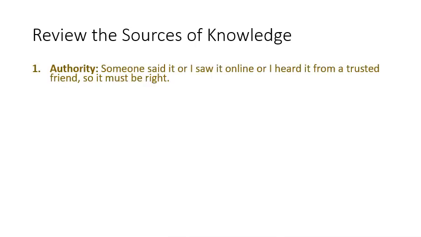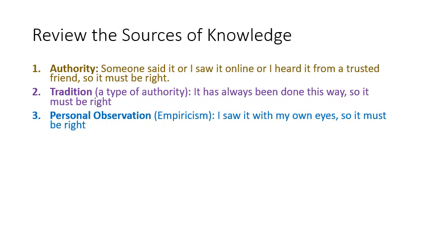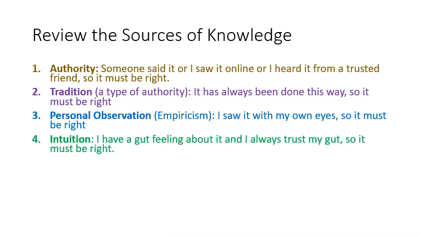But authority: someone said it, or I saw it online, or I heard it from a trusted friend, so it must be right. Tradition, a type of authority: it's always been done this way, so it must be right. Personal observation, empiricism: I saw it with my own eyes, so it must be right. Intuition: I have a gut feeling about it, and I always trust my gut, so it must be right.